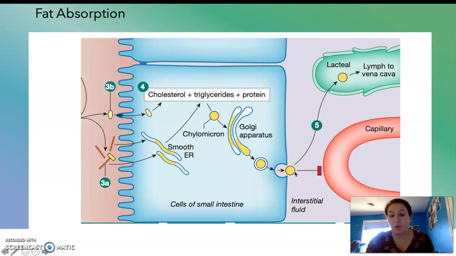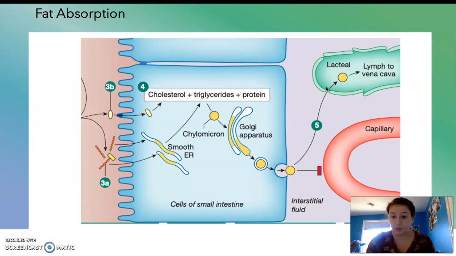Usually what happens with reabsorption is it's reabsorbed in the capillary and then distributed in the circulatory system. But these chylomicrons are too big and too hydrophobic to be easily reabsorbed into the capillary. So instead they are reabsorbed through the lacteal, which is part of the lymphatic system.